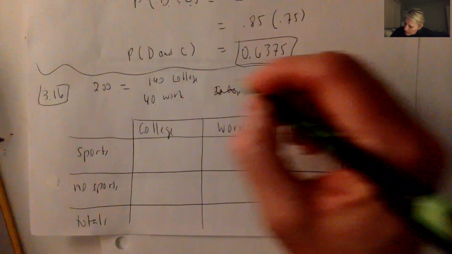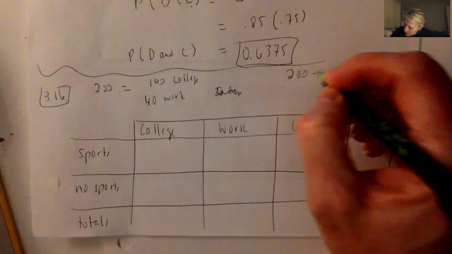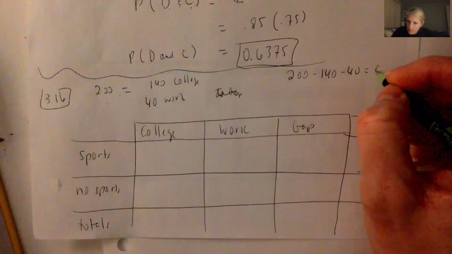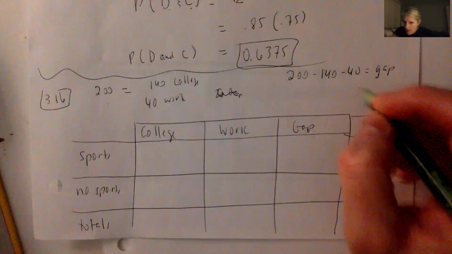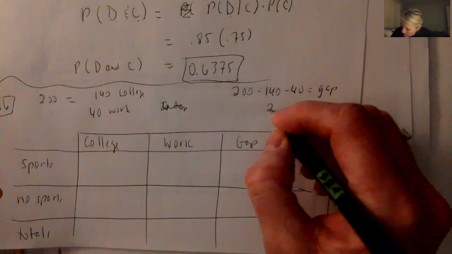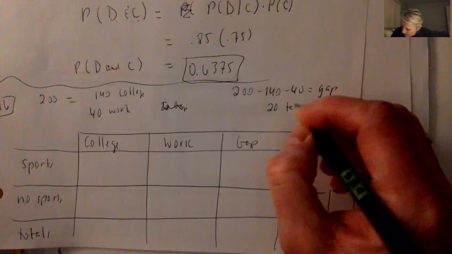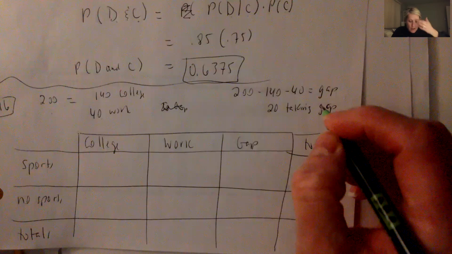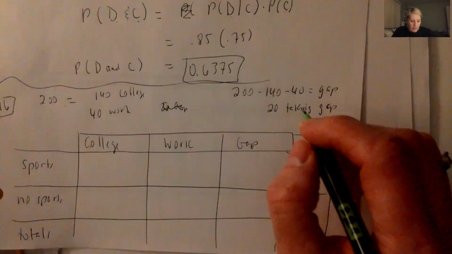So that means 200 minus 140 minus 40 is going to equal the gap year seniors. So that means that there are 20 taking a gap year. And it says find the probability that a senior takes a gap year.